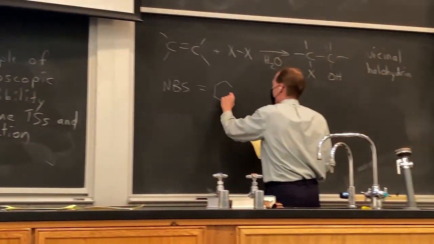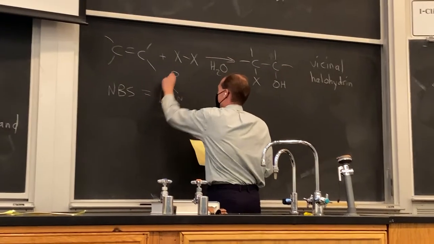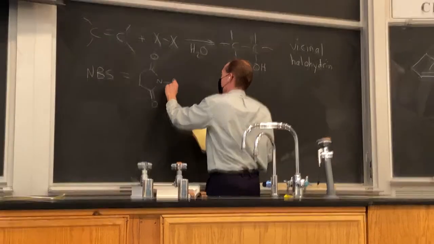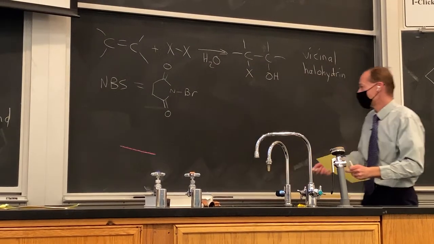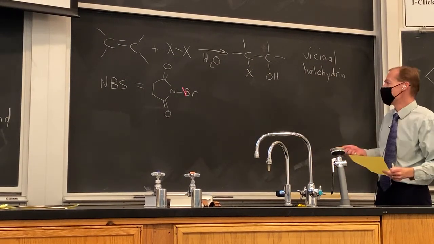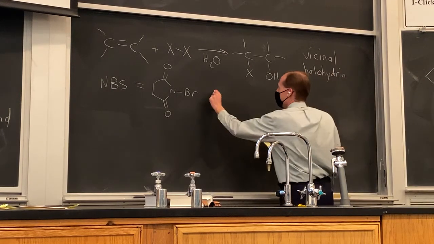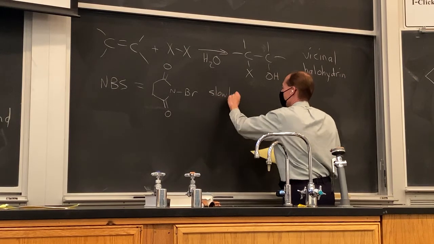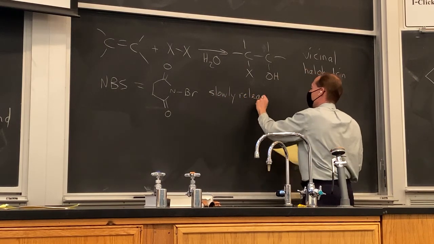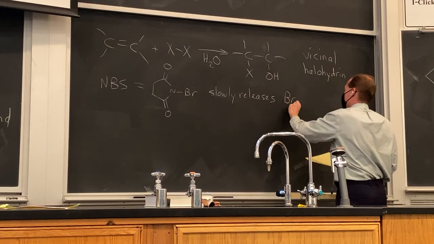And I'll draw that for you here. NBS looks like this. And this nitrogen-bromine bond is a weak bond, and this molecule can decompose, and it's going to slowly release bromine.